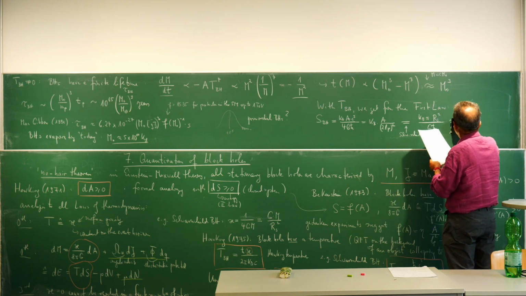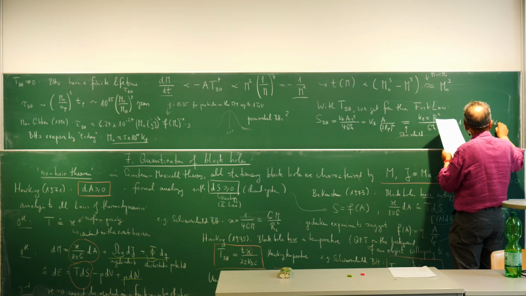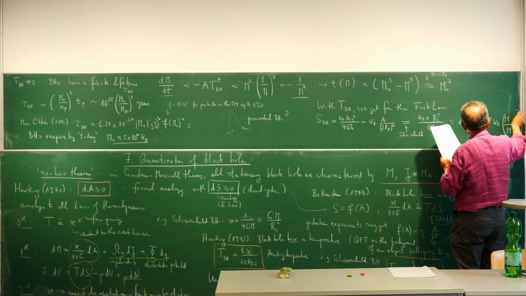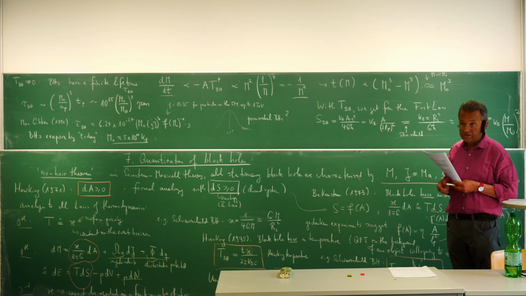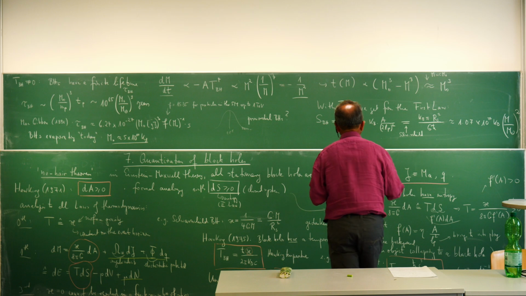So it's 1.07 times 10 to the 77 k_B, mass over solar mass squared. Because the Schwarzschild radius is proportional to mass, then you have mass squared. So that's then the famous formula.